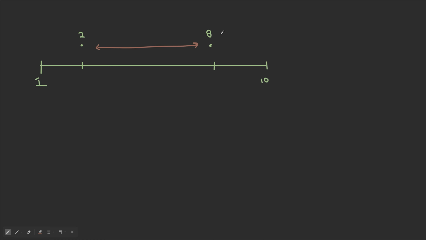So you can easily say that if I'm at 2, I want to go to 8, how many lines are in the middle? So 2, 3, 4, 5, 6 and 7, and we are at 8. Let's count how many steps I need to take. 1, 2, 3, 4, 5, and to reach 8, we need to take 6 steps.